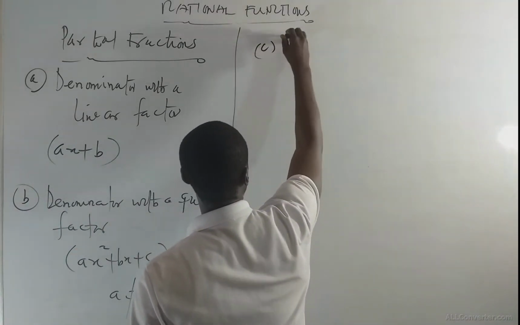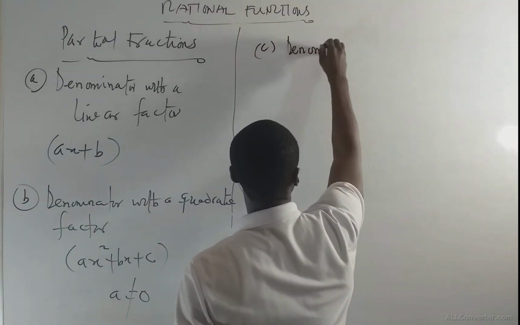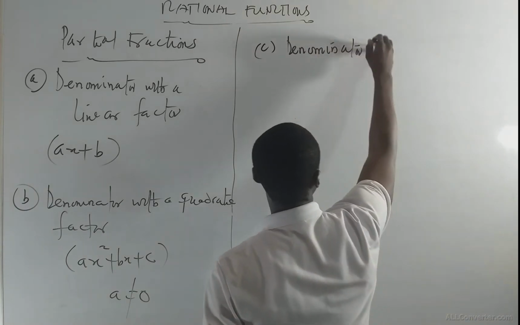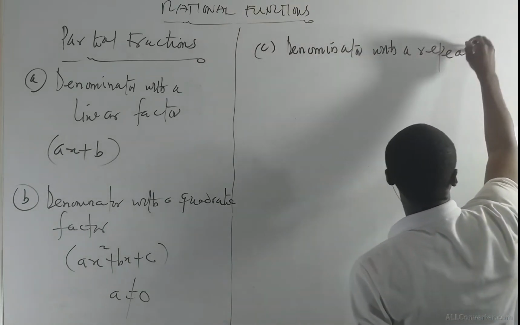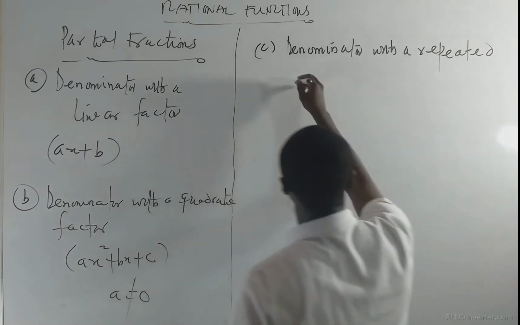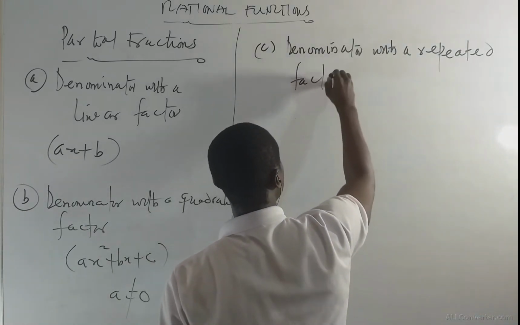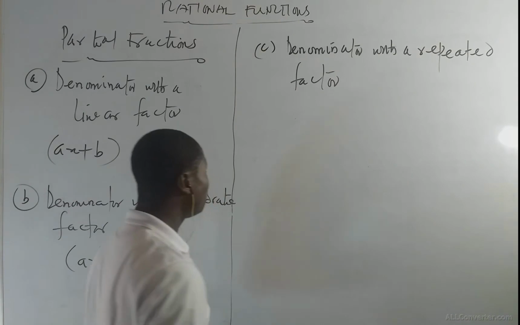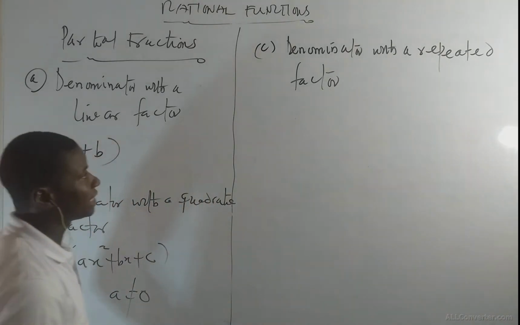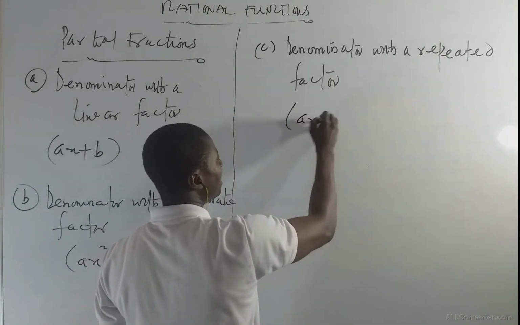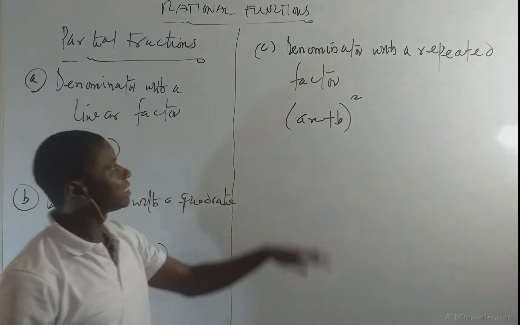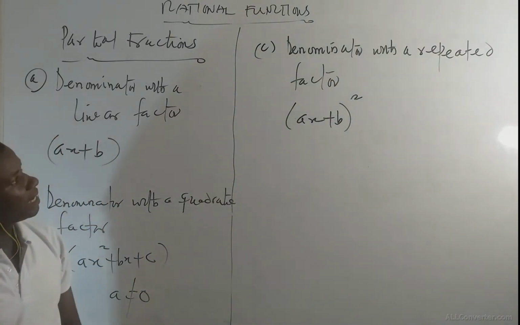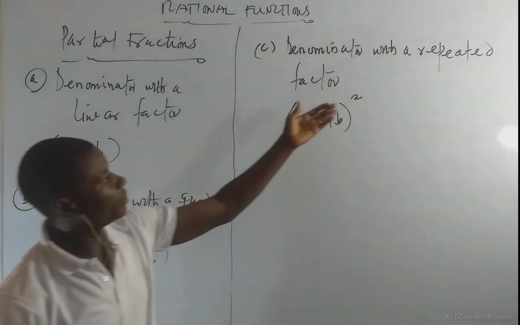Now, then we also have denominator with a repeated factor. And that one, if one of the factors can be expressed in the form ax plus b all squared, then that expression will be a denominator with a repeated factor.